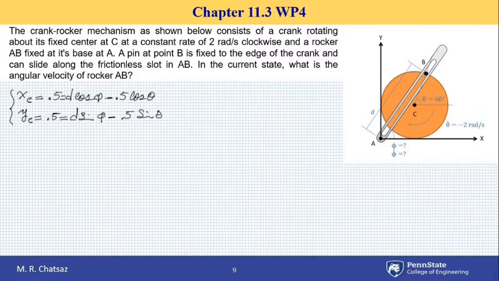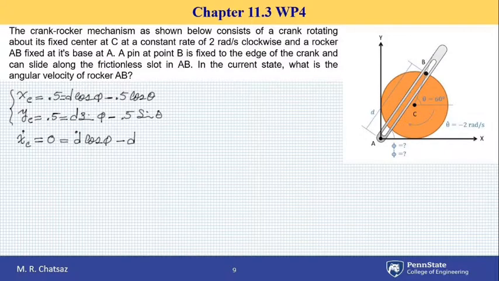Derivative of x_C is x dot C, which is equal to 0.5, whose derivative is 0. And on the right side of this equation, observe that d cosine phi is a product, so I want to use the product rule of derivatives. Therefore, I have derivative of first, d dot, times second, plus first times derivative of second.